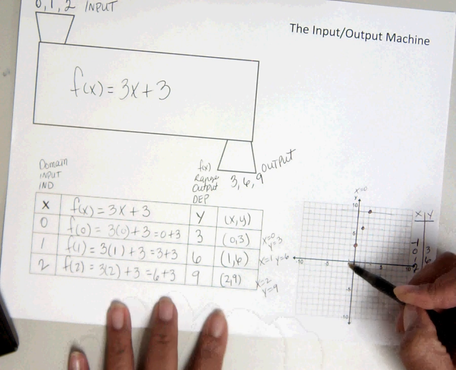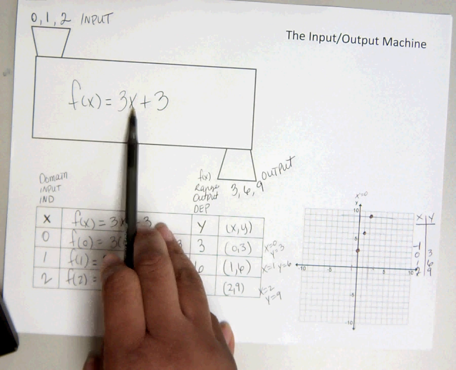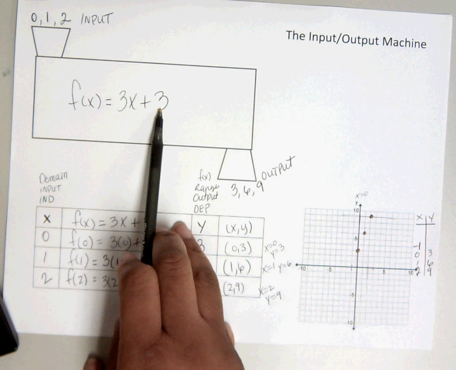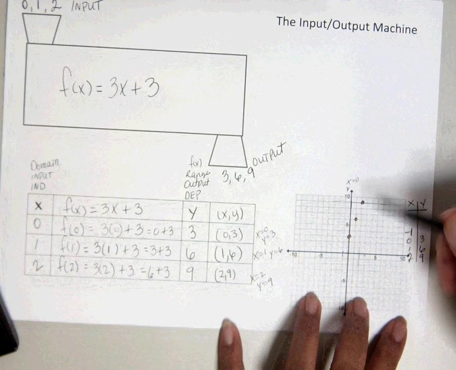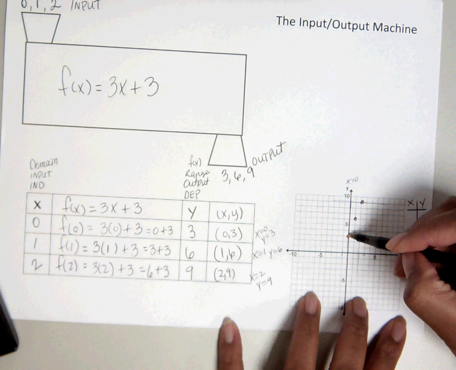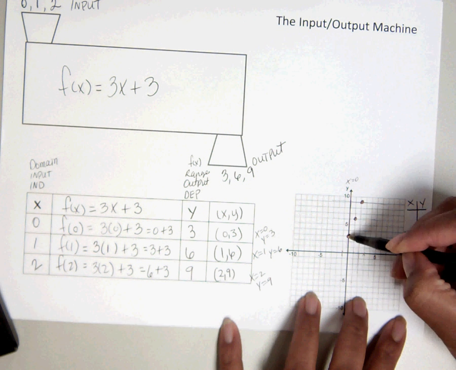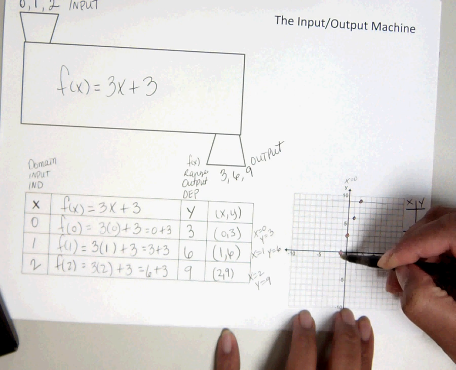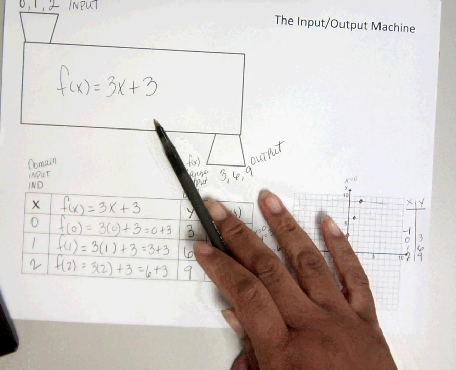Well, yes, you could simply put in -1 here into the function machine. 3 times -1 is -3. -3 plus 3 is 0. But you could also just count the pattern. If this is going 1, 2, 3 over 1, then this is just going to do the opposite. 1, 2, 3 over 1. Look at that. I still get the same answer whether I follow the pattern or I plug it into the function machine.